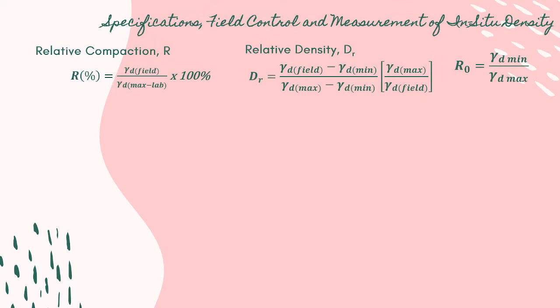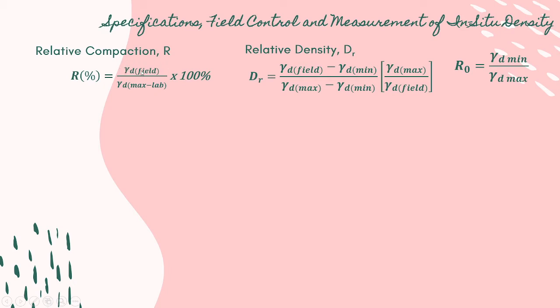So for the specifications of soil compaction, we have the relative compaction, which is denoted by R and is usually presented in percent. So that is the ratio of the dry unit weight in the field all over the maximum dry unit weight. So the numerator, or the dry unit weight in the field, is determined by the field density tests.